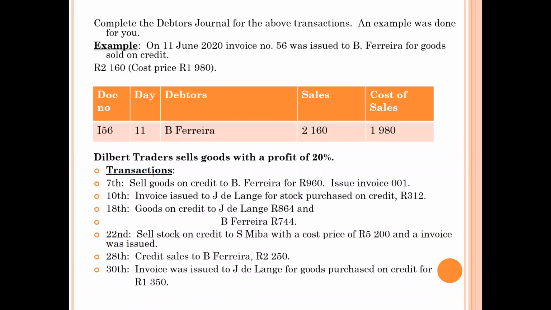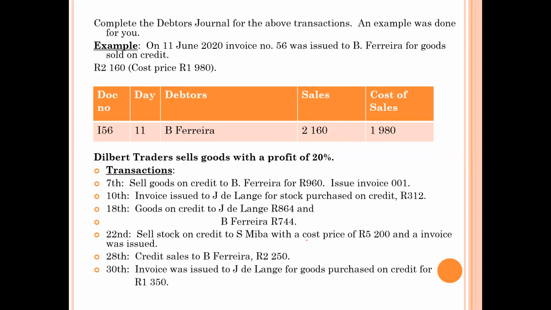Right, the next transaction is on the 22nd. Sell stock on credit to S. Miba with a cost price of 5,200 and an invoice was issued. So let's look again at the info. We've got the date, we've got the name S. Miba, and we know it's the next invoice number, but they say sell stock on credit to S. Miba with a cost price of 5,200.